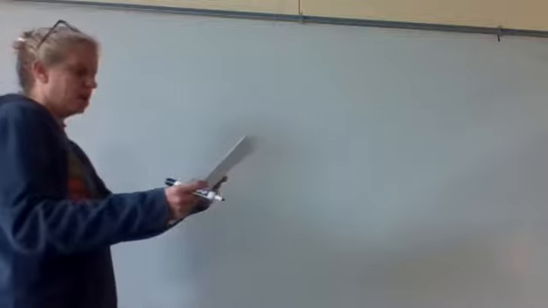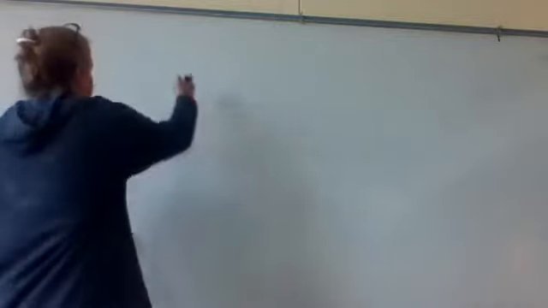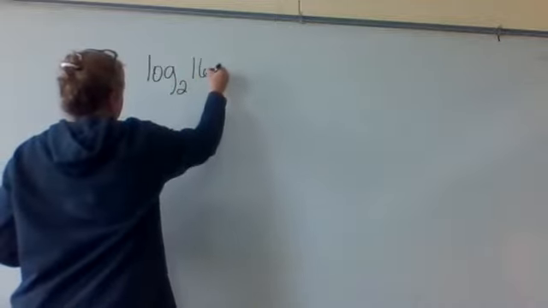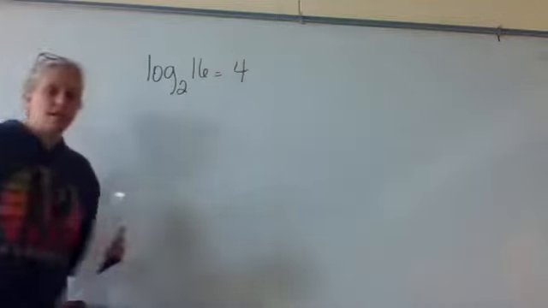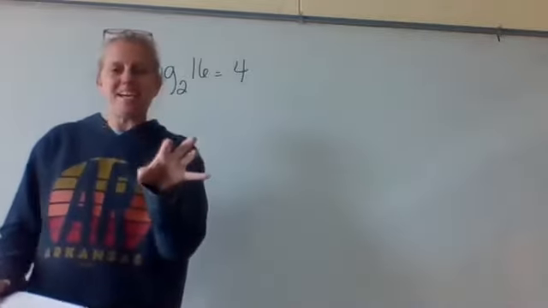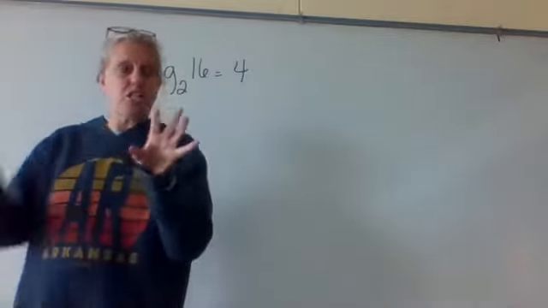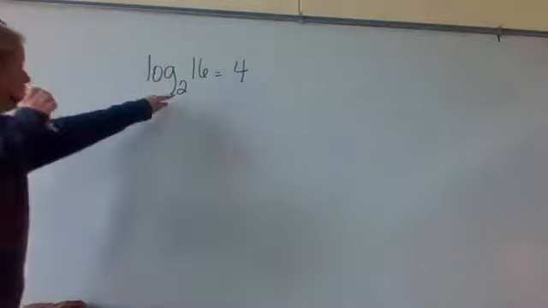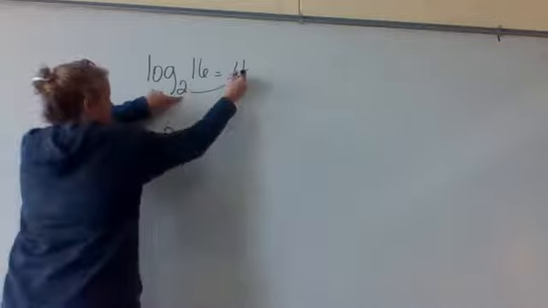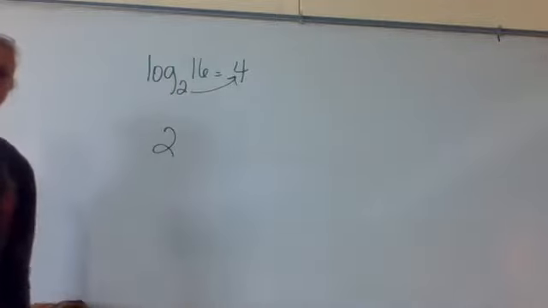So you have log base 2 of 16 equals 4. Whatever the base of your log is going to be the base of your exponential expression also, right? So this number is going to be the base of your exponent. Then remember, you're going to raise it to that power.